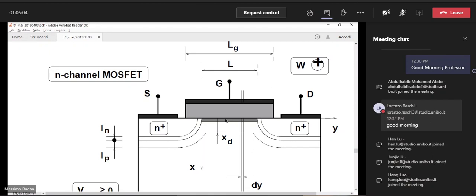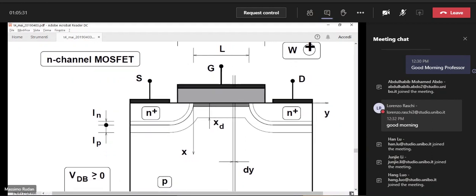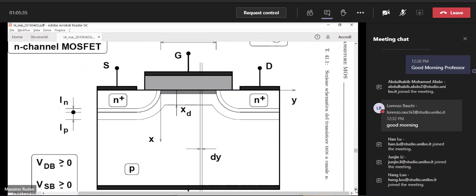A condition of well-formed channel means strong inversion everywhere in the channel. We don't know how to do it formally, but qualitatively, we may say, if we apply a gate voltage large enough with respect to the bulk contact, then we expect that the channel will be well formed.